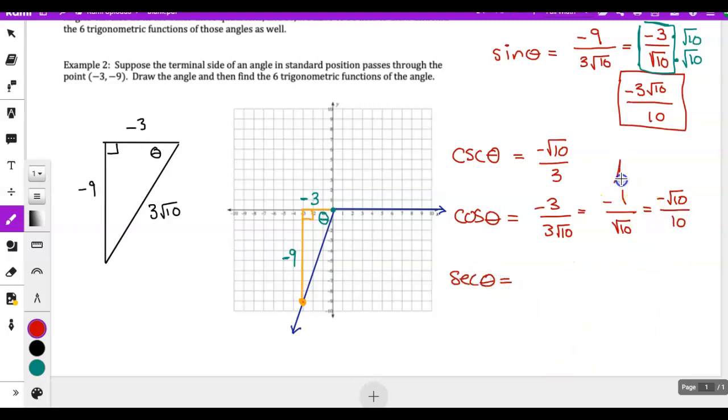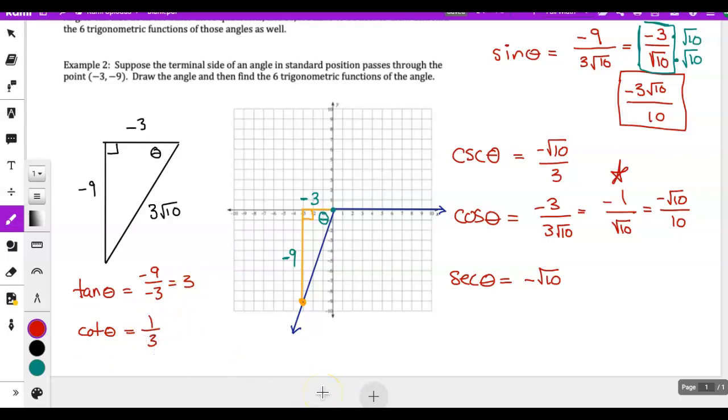I'm going to flip that version, and I just get -√10 over 1, which is just -√10. If I want the tangent of the angle, that's going to be opposite over adjacent. So -9 over -3, which is just 3. And then the cotangent is just the reciprocal of that. So the reciprocal of 3 is 1/3.